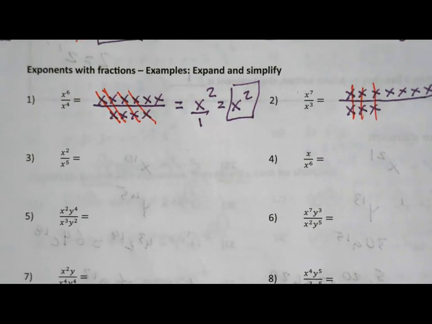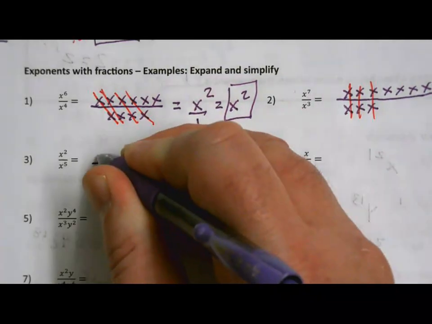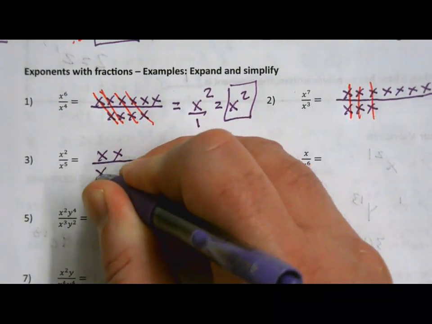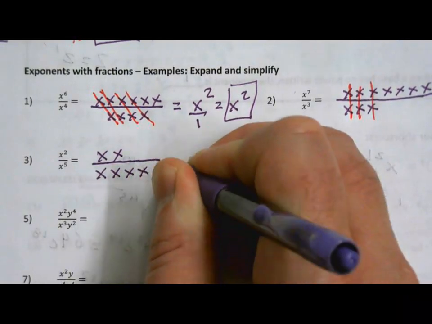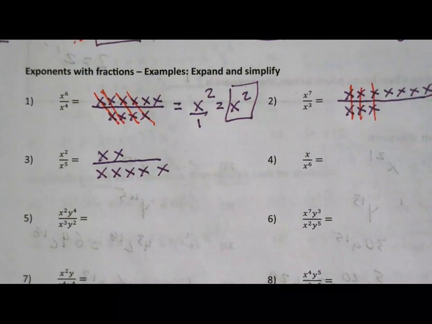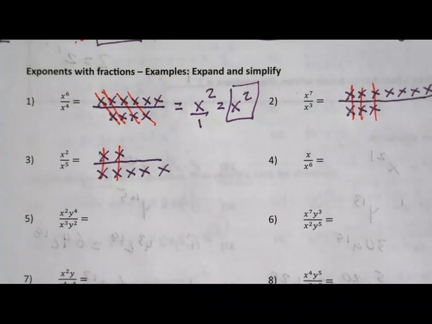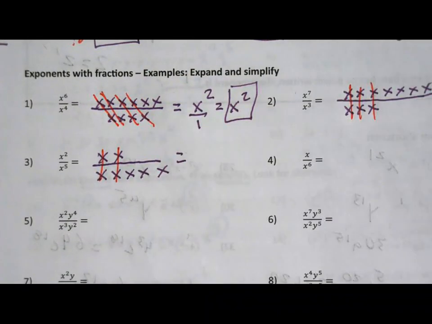All right, number 3. Draw me a fraction bar. Give me 2 x's on the top, 5 on the bottom. Do your canceling. And tell me how many x's are left over this time.